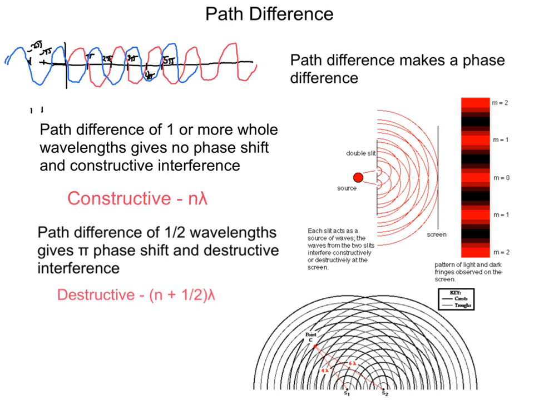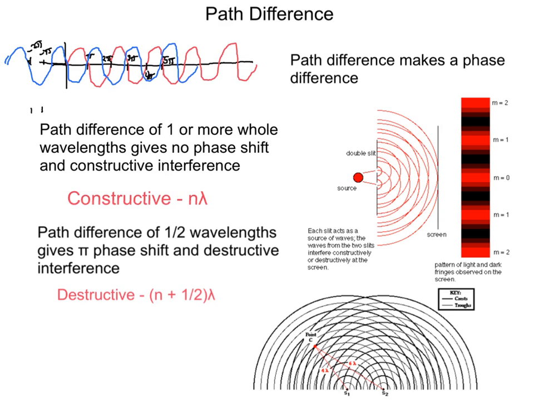So n would be 1 plus a half, 1.5 times the wavelength. It started 1.5 wavelengths in advance, and you can see 1.5 wavelengths there. Once again, I get destructive interference. So anytime you have whole wavelength path differences, you get constructive interference. Anytime you have half wavelength path differences, you get destructive interference.